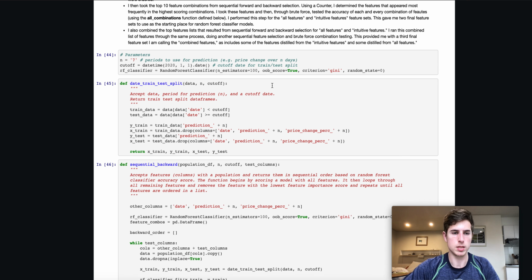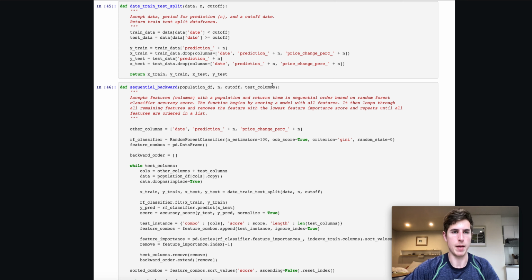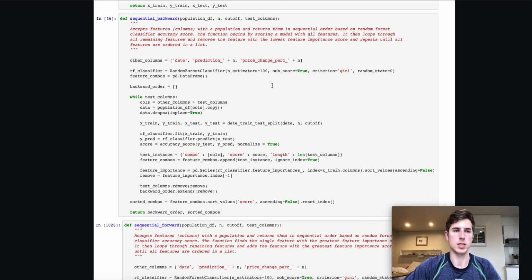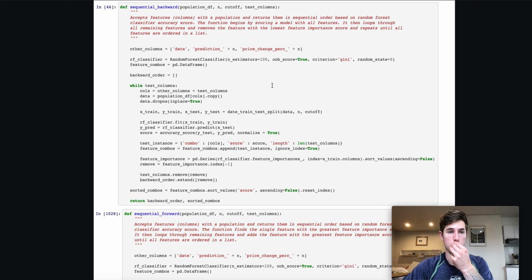In order to do this, you've got a variety of things that need to happen. Here's a train test split function that I built. This is a sequential backward function that I built, which returns the backward order. It also returns the sorted combos in a data frame, so you can inspect the best combinations and their accuracy scores.